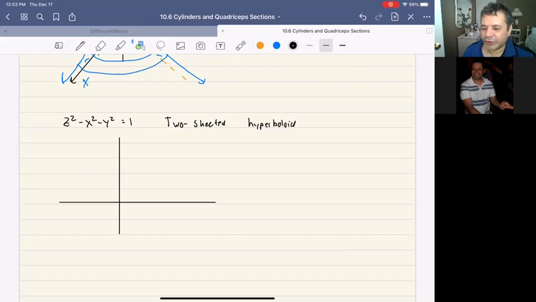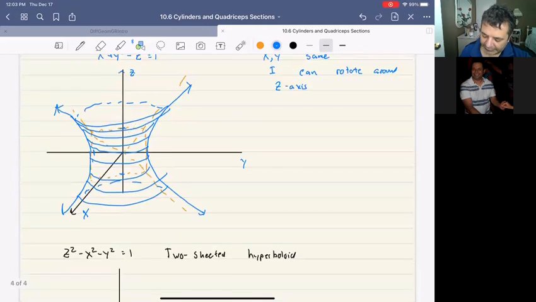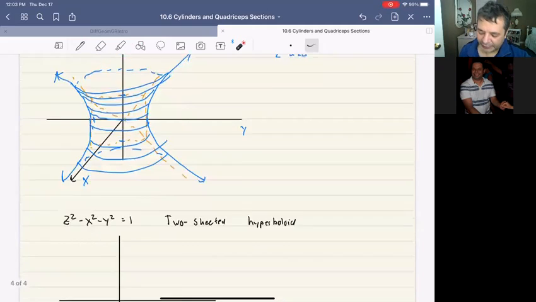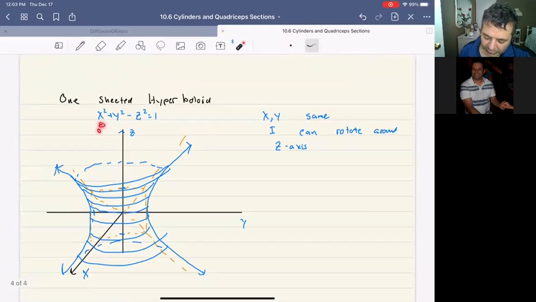We're going to do it almost the exact same way. So again, x and y are still the same, right? What I mean by that is that if I change x and y, it doesn't change anything. Same thing here. If I replace x by y and y by x, it doesn't change the equation at all.